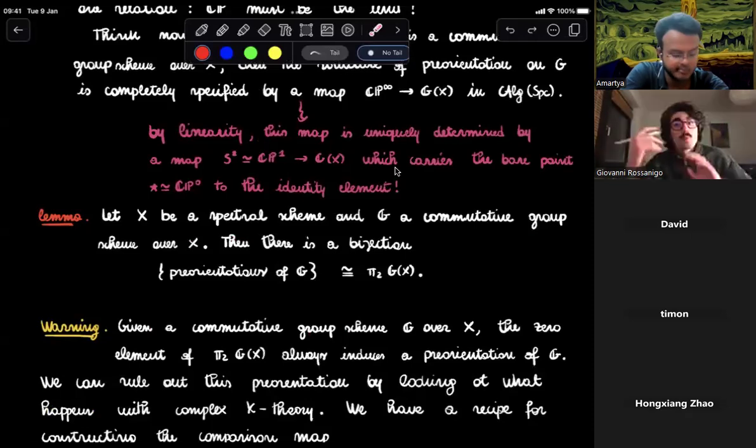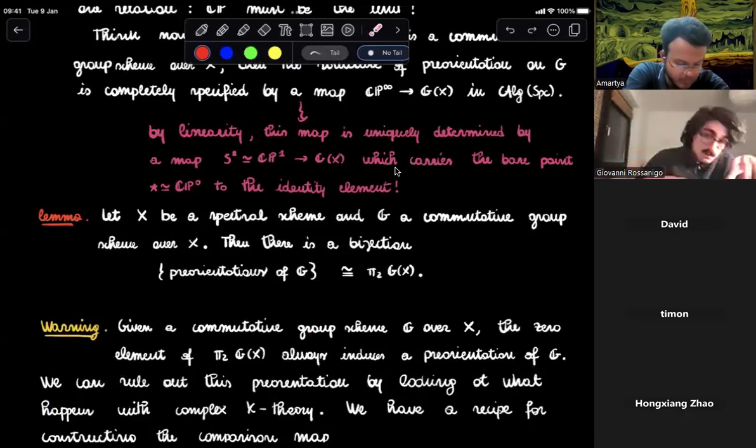The point is that examples tell us that this is not exactly what happens, in the sense that in general there are two maps of this type, and there is always one map which is there, but it does not have to induce a pre-orientation.